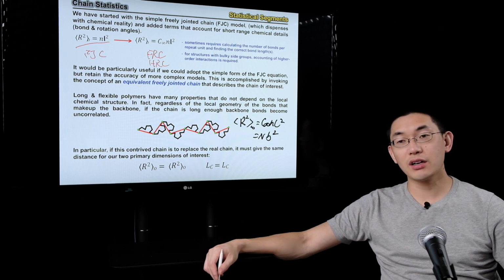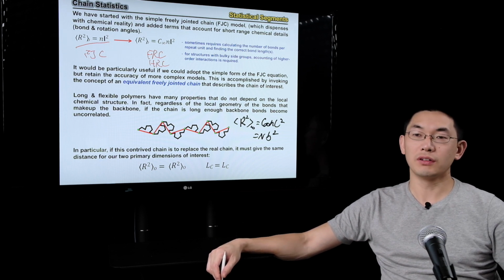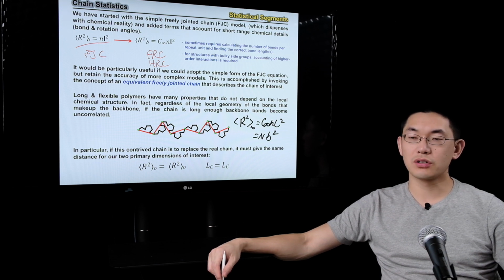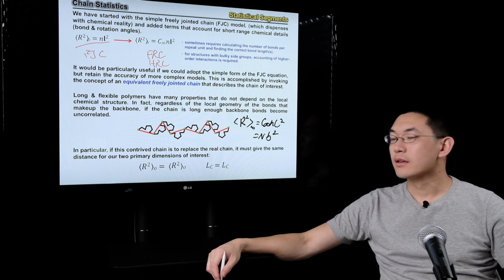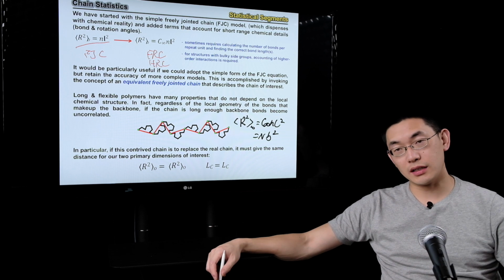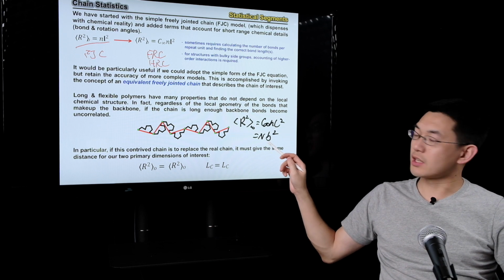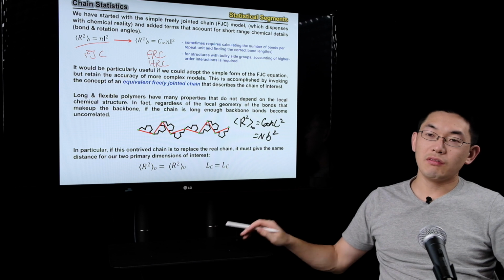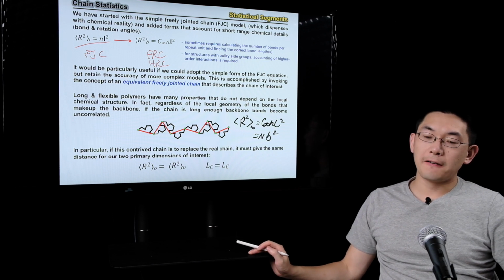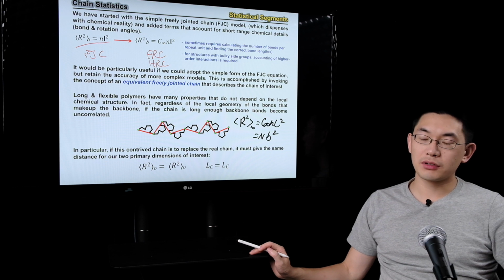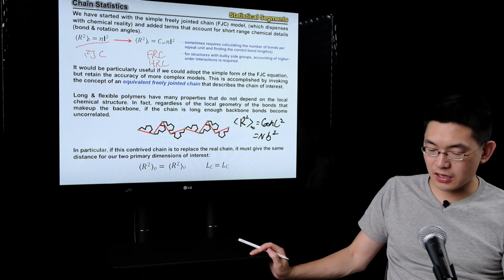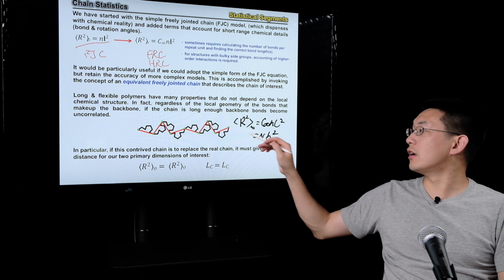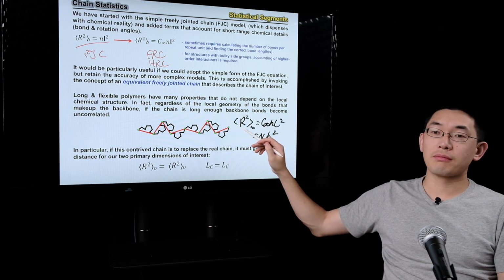The value is typically on the order of a few angstroms up to a few nanometers, depending on how rigid your polymer chains are. So how do you calculate it? Very simple. For a given polymer, using the measurements we did, for example, in GPC or any other light scattering technique, you can get the end-to-end distance R squared.